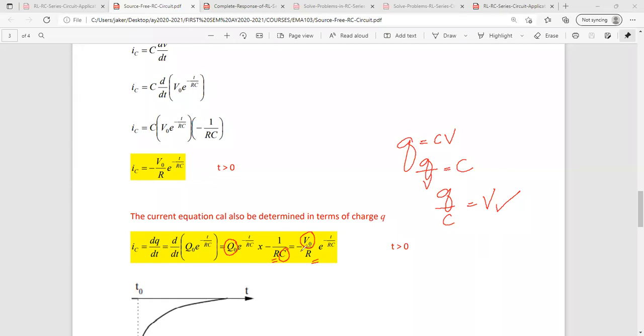This is what you learned in sample problem number 4 a while ago: how to determine the current in your RC circuit by differentiating the equation that you have for the charge.